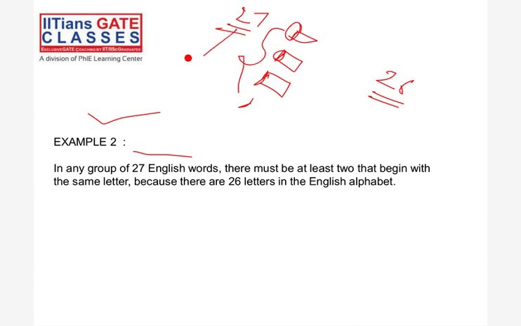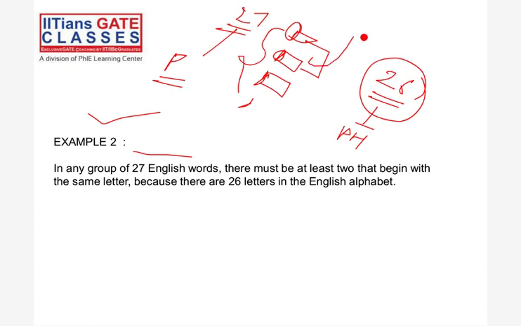So basically here these 27 words are pigeons, and these 26 alphabet symbols are pigeonholes. Since we have more pigeons than pigeonholes, at least two pigeons must go to the same pigeonhole. So at least two words must have the same starting alphabet. So this is such an easy principle.